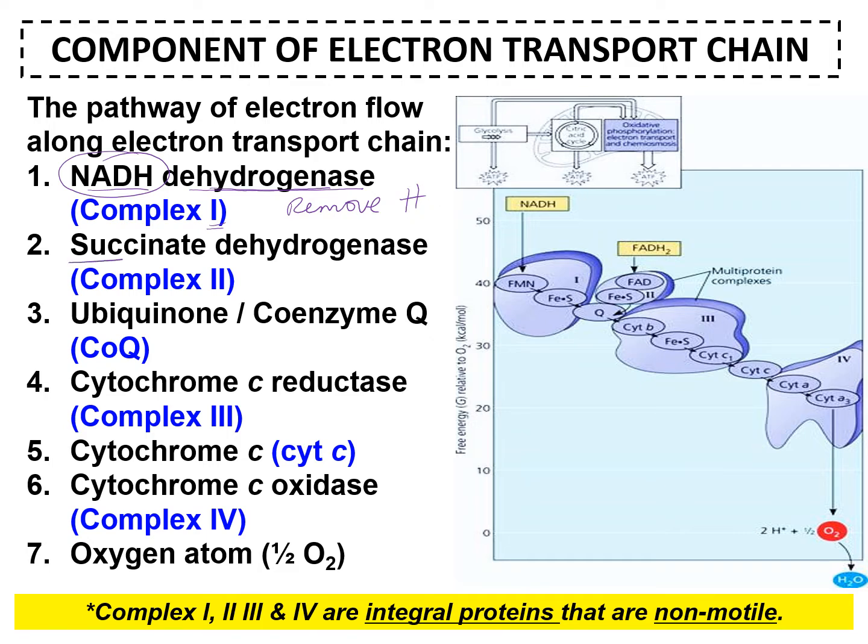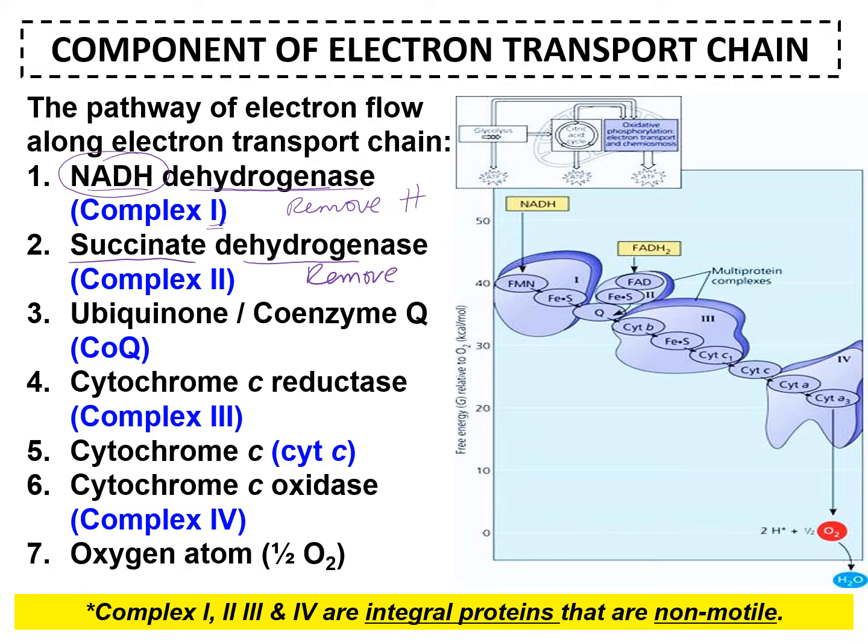Okay, complex number 2 is the succinate dehydrogenase. The substrate is the succinate, and what does it do? It removes hydrogen from the succinate. Okay, actually from the Krebs cycle, remember FAD is involved during the formation of fumarate from succinate.